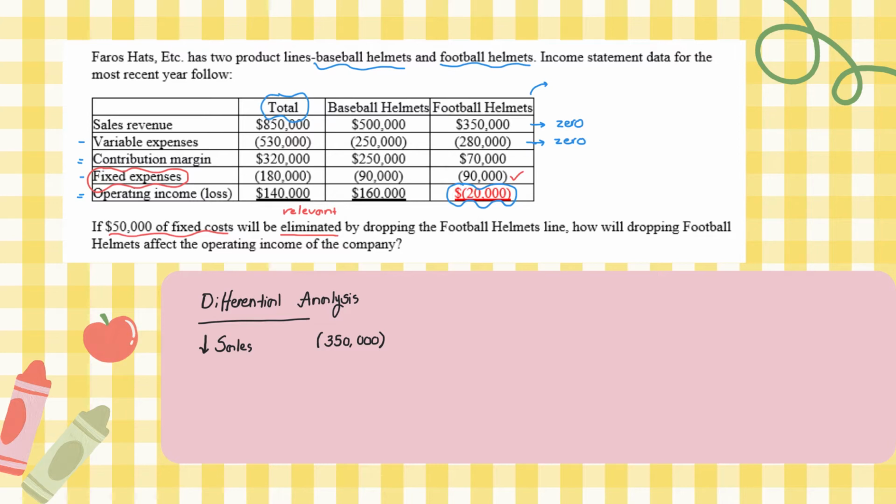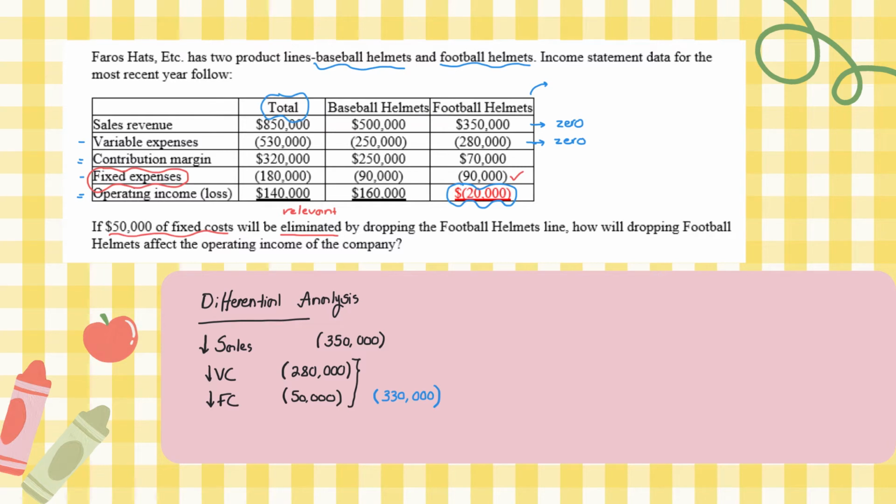It's gonna become 0, so variable cost will decrease by 280,000. He said 50,000 of fixed cost will be eliminated by dropping, so fixed cost will decrease by 50,000. So the total decrease in cost will be negative 330.